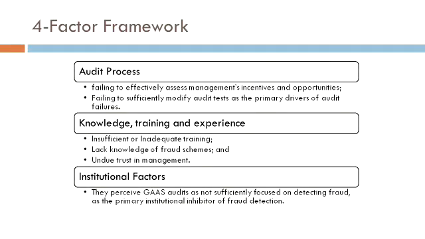So that remains a problem. It's in the standard, but how to put it into practice is still problematic. And then second, they say auditors are still not too good at modifying their audit programs, even when they have initially assessed that there's a problem.